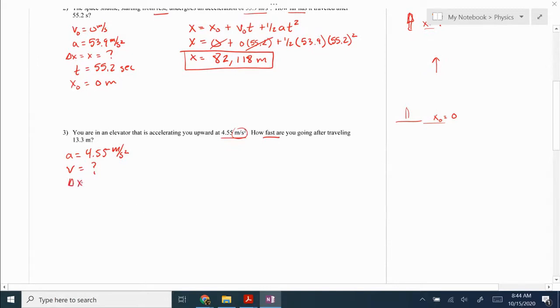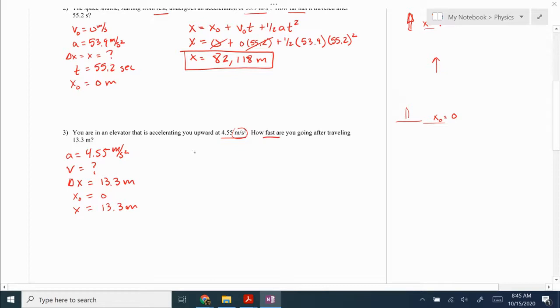So that tells us delta x is equal to 13.3 meters. Alternatively, this could mean that x naught is 0 and x is equal to 13 meters. That would also be the same. So if we look at this, what we're not given is time. There's no time in this problem whatsoever.